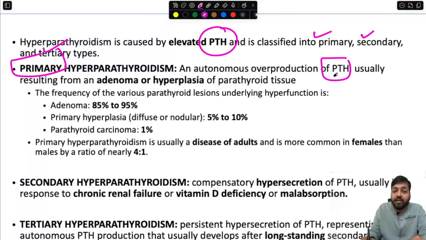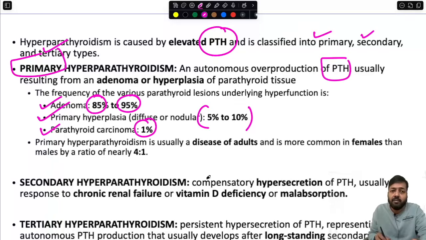The frequency of the various parathyroid lesions underlying hyperfunction includes adenoma, which constitutes 85 to 95% of the causes of primary hyperparathyroidism. Then primary hyperplasia, diffuse or nodular variety, accounting for 5 to 10% of the cases of primary hyperparathyroidism, and parathyroid carcinoma constituting only 1% of the cases.